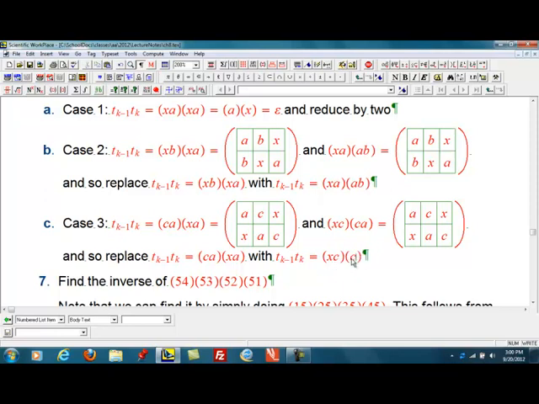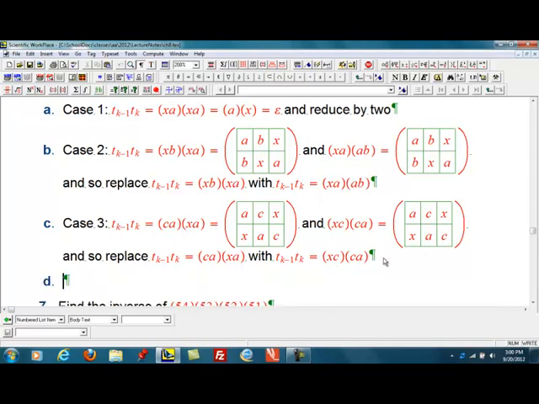So now we don't have any x's in that right-hand one, we have moved it to the left-hand one. And then we have one more case to look at. And in case 4, we have BC and XA.